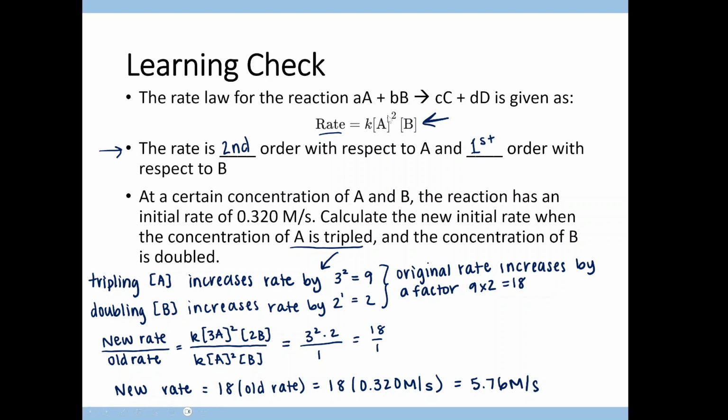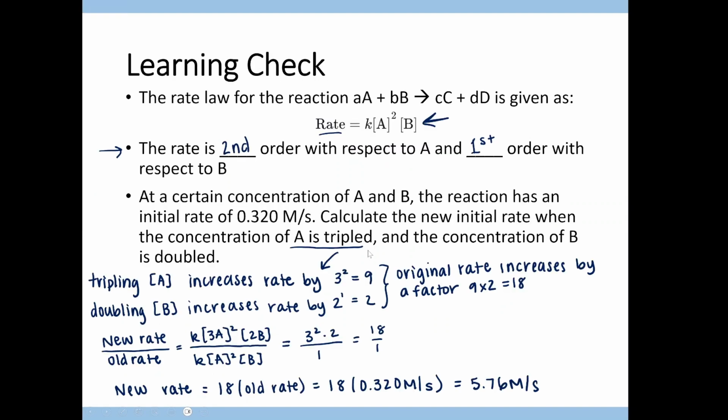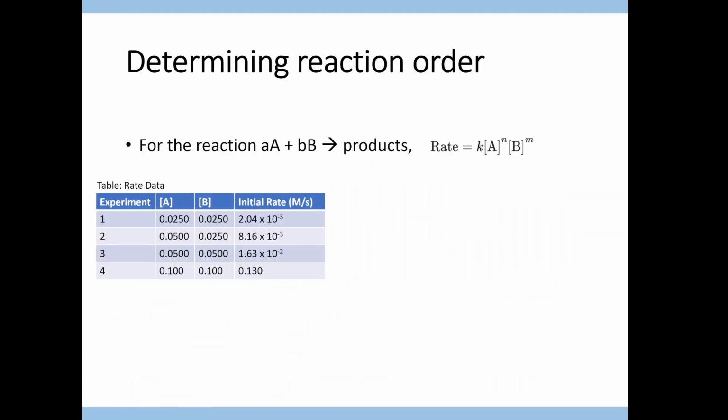So we could tell if we doubled B and the reaction rate doubled, then we could tell exactly that the reaction was first order with respect to B. So we're going to go through this, and these would be scenarios where you're not provided the rate law, you don't know what that rate law is, but you have concentration of different reactants at different times and the rate at those times.